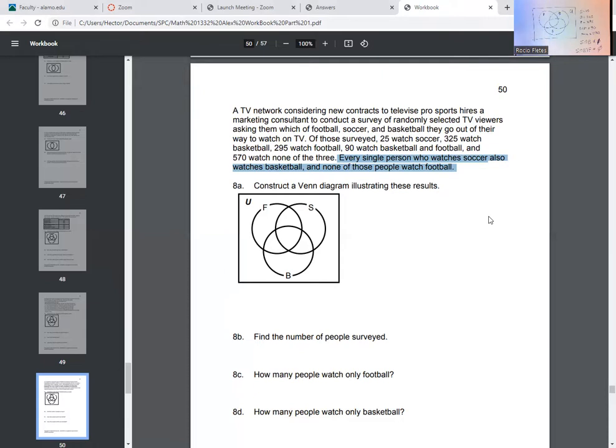And then it says none of those people, so none of the people in the intersection of S and B watch football. So that means there's nobody in the overlap of the three sets. That is very important, because that's gonna give us some idea on how we're gonna create the Venn diagram.